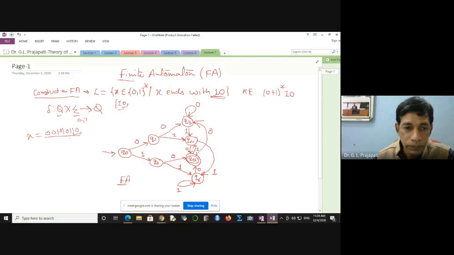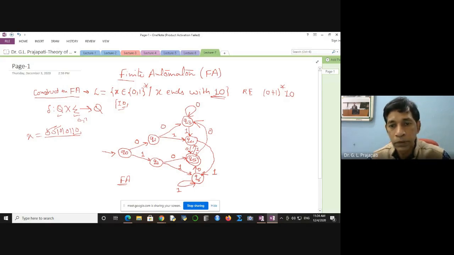You see here, your machine starts from the initial state Q0. For getting 0, you go to the state Q1. You are at the state Q1 and you have 0, so you move to the state Q3.